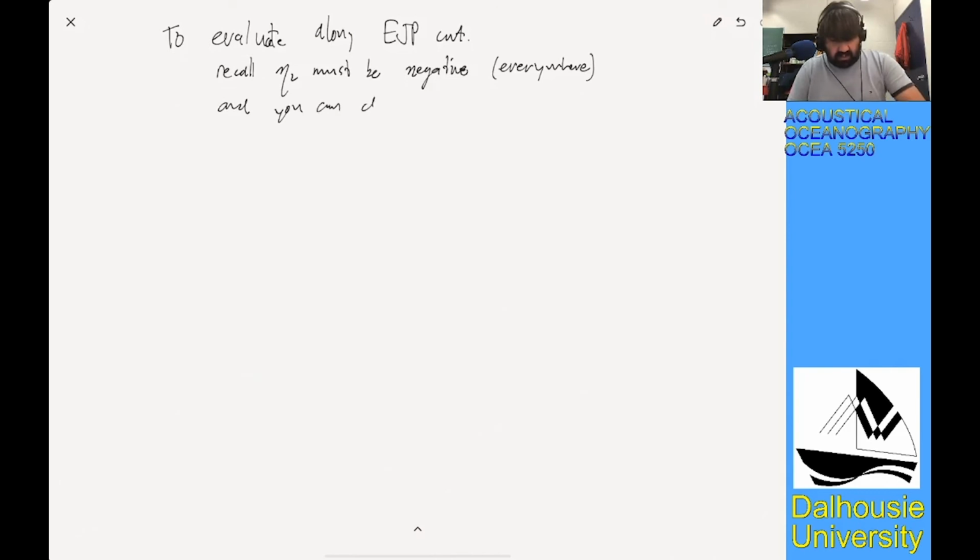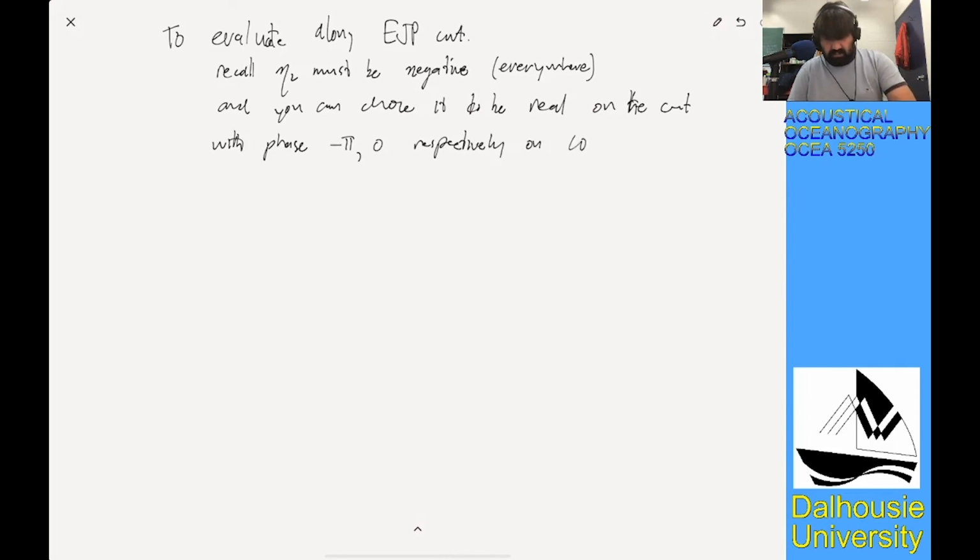And you can choose it to be real on the cut. I mean, we can choose the cut to be any path we want, right? With phase negative pi or 0, respectively. Okay, so we're just defining what the actual cut looks like.